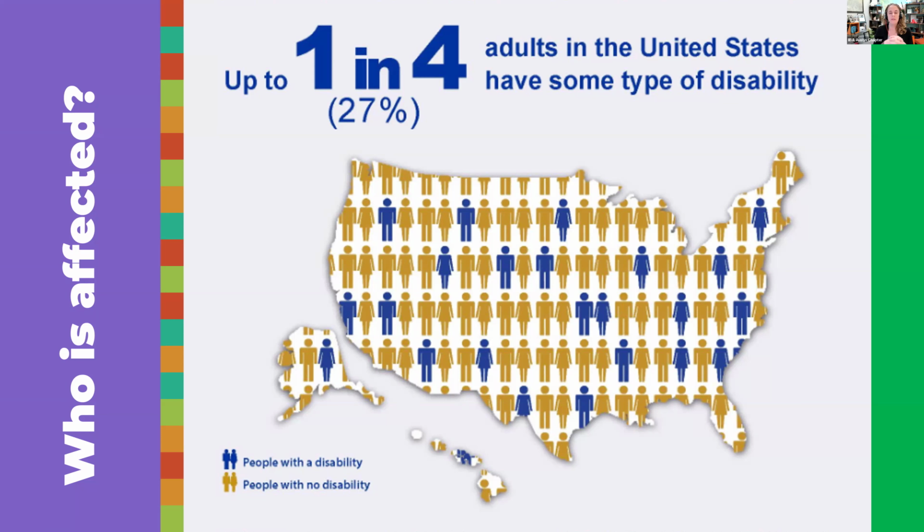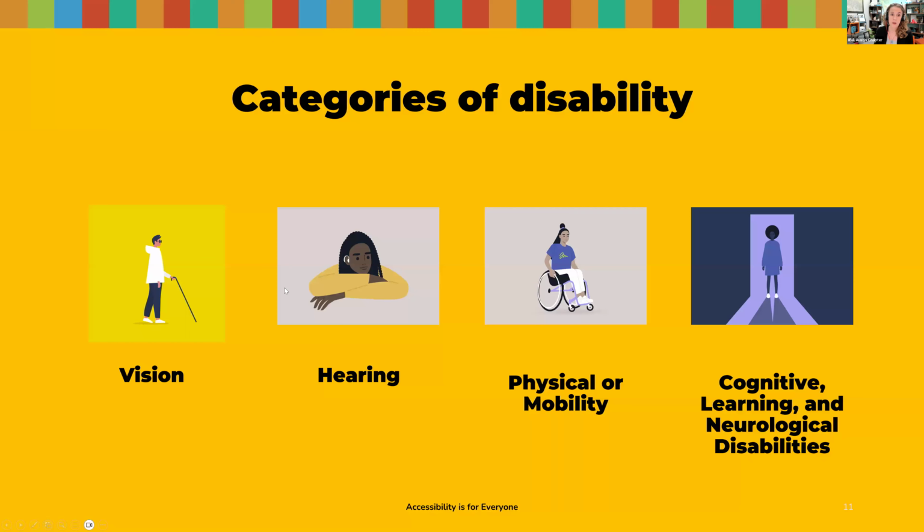The idea is that you don't know who has a disability. Most people don't, I guess, but still 27% is pretty significant. And we're just talking about adults, and just the United States. We're not talking about worldwide.